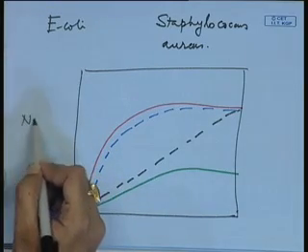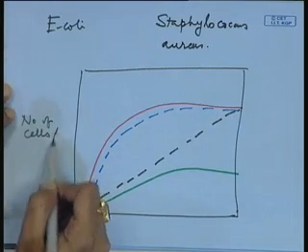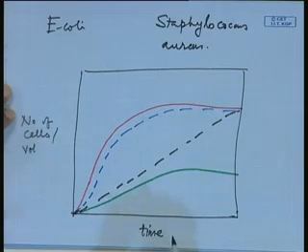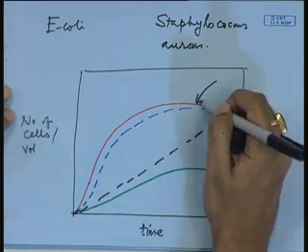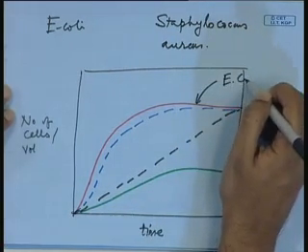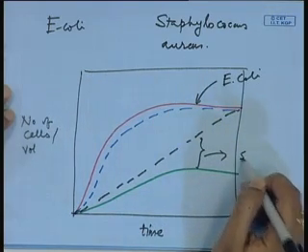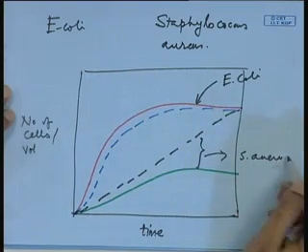So, this is the number of cells per unit volume, this is time. Okay. These two are E. coli, and these two are Staphylococcus aureus.